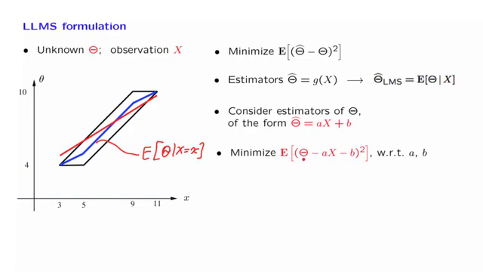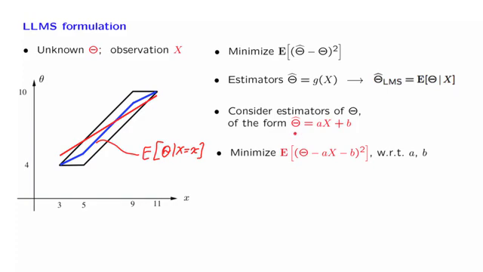So what we have here is the random variable. Here is the value that's going to be given to us by our estimator, and we look at the associated error, square it, and take the expectation.